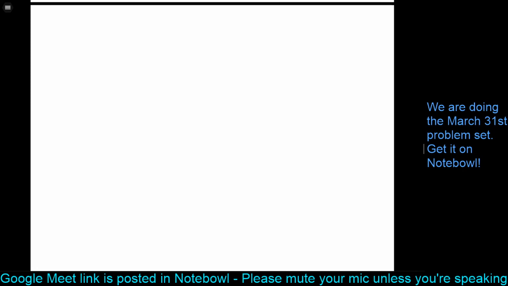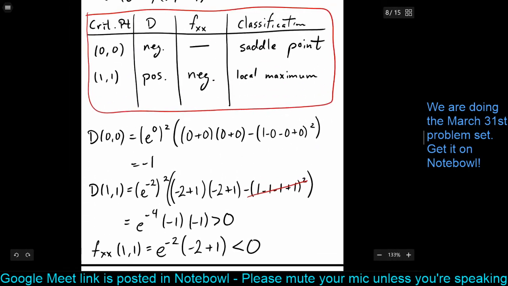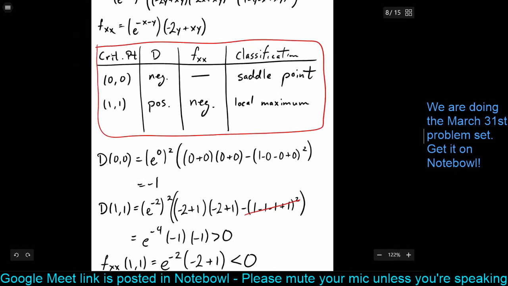The question asks us to find a critical point, but why do we do those steps after that, the classification, where you find the determinant? What do you mean the steps after?